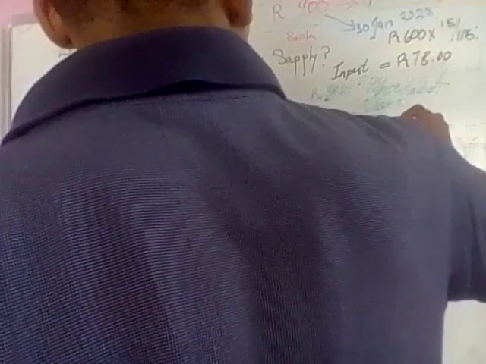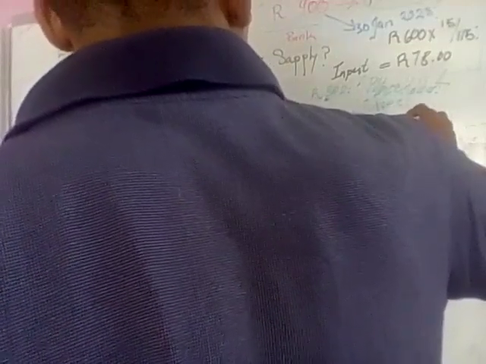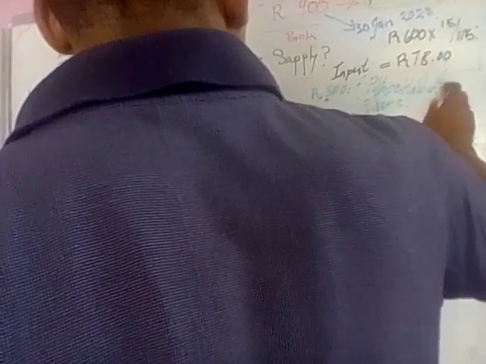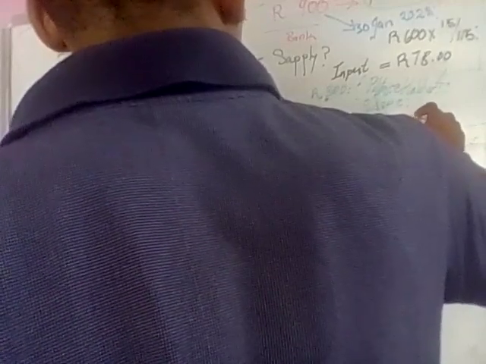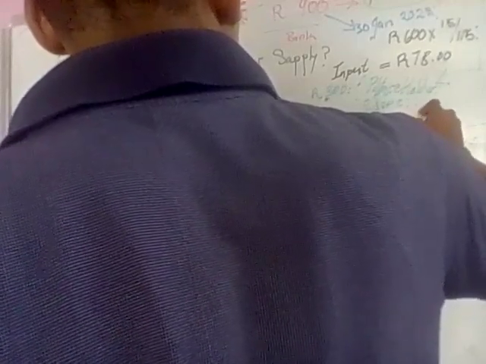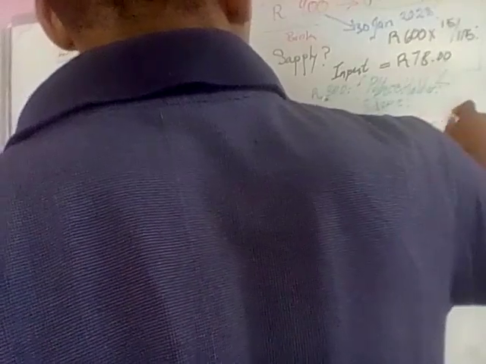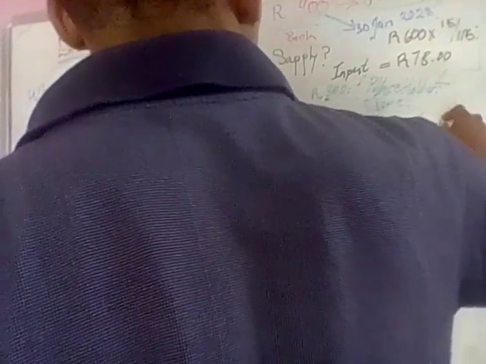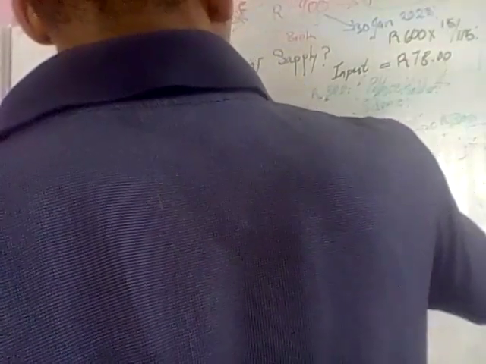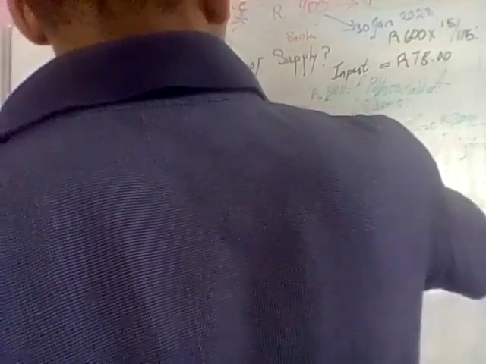So we credit our income 300 rands, and we obviously debit our bank, but never mind the bank.